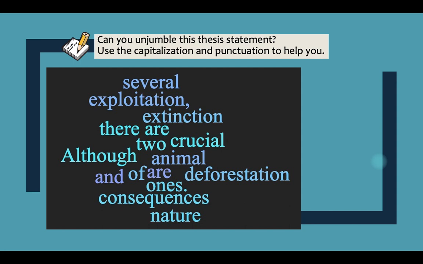Here's a little practice for you. Can you unjumble this thesis statement? It's on the same topic. We have our words: exploitation, extinction, animal, deforestation, nature, consequences, several. Use the capitalization and punctuation to help you. So we have this word although, it has a capital A. That's the beginning of the sentence.